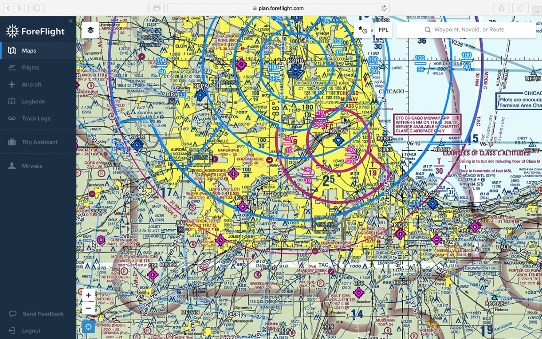What do you need in order to enter Charlie airspace? Well, they recommend you call them about 20 nautical miles out, because they are pretty busy sometimes, and you need two-way radio comm. You need a mode C transponder, and you don't need clearance.